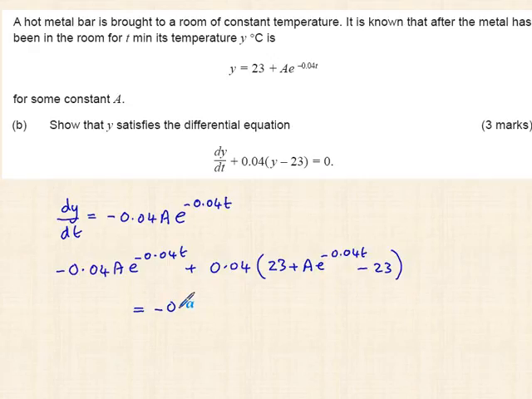So that's negative 0.04 A e to the negative 0.04 t. These 23's cancel, so plus 0.04 A e to the negative 0.04 t is equal to 0.